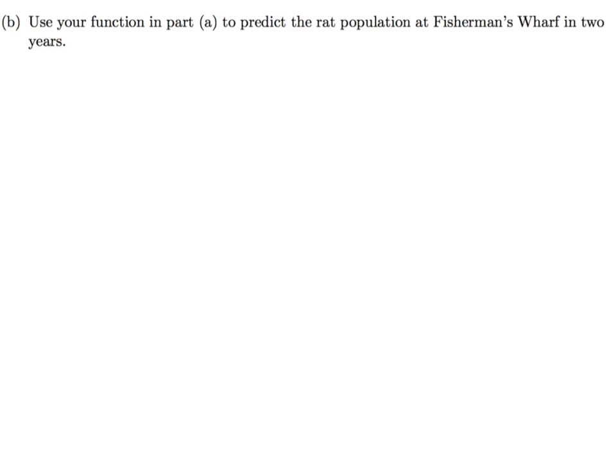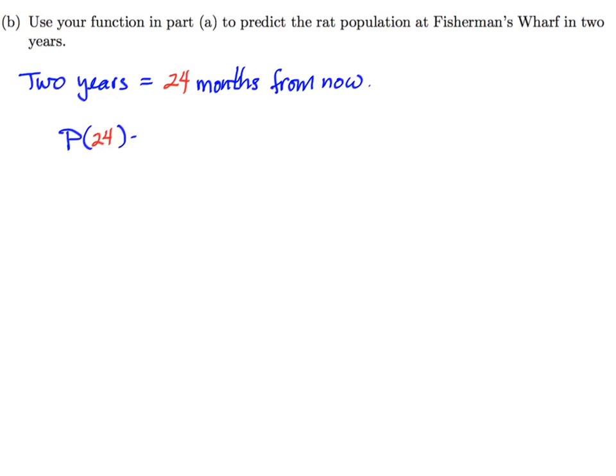So let's look and see what part B asked us to do. Part B says, use your function in part A to predict the rat population at Fisherman's Wharf in 2 years. So 2 years, how many months is that from today? 2 years is going to be 24 months from today. So that means we can plug in 24.